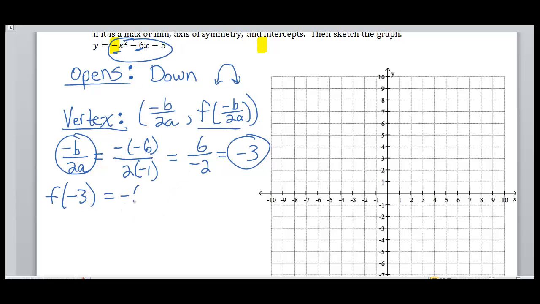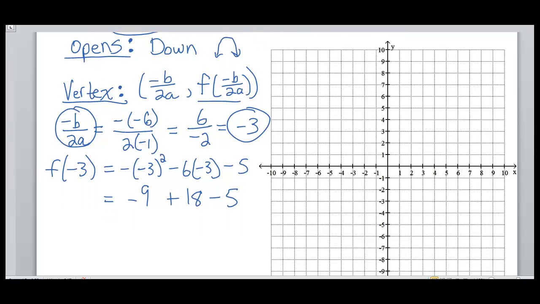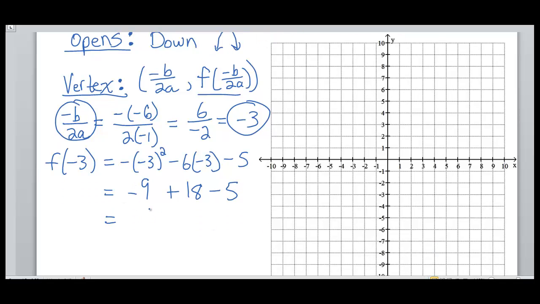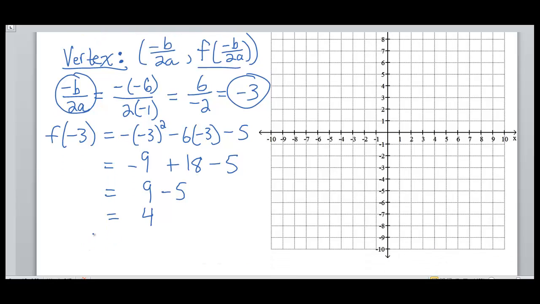So I get negative 3 squared, which gives me a negative 9, minus 6 times negative 3, which is plus 18, minus 5. Now, negative 9 plus 18 is a positive 9, so I get 9 minus 5, and 9 minus 5 is 4. Therefore, my vertex is the point negative 3, 4.